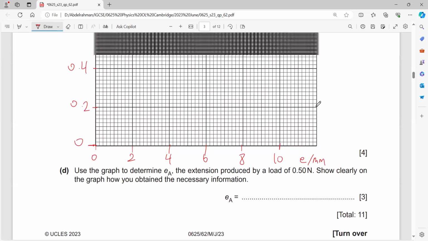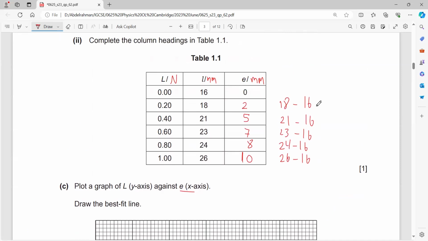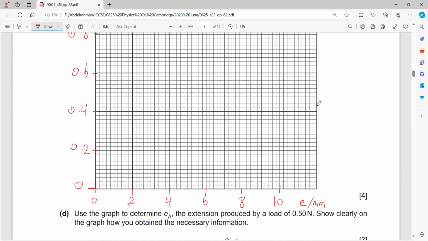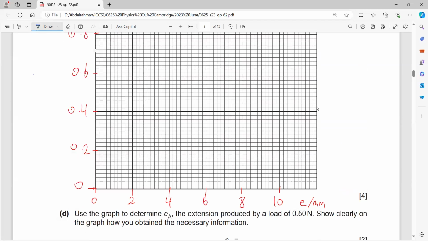Be careful, guys, we have a point on the origin. This is the point 0 and 0. It is a point, not just the axes in the graph. We have to plot this point using a small x at the origin. The second point is 2 and 0.2.